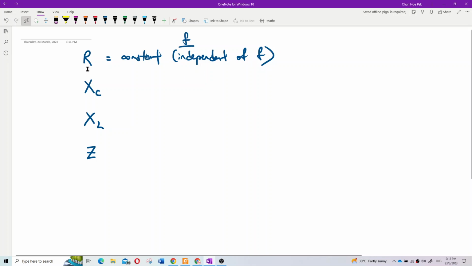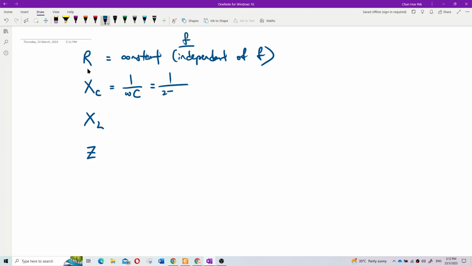Whereas for XC, the formula is 1 over omega C, and omega is 2 pi F. Correct or not? So if frequency increases, XC decreases.